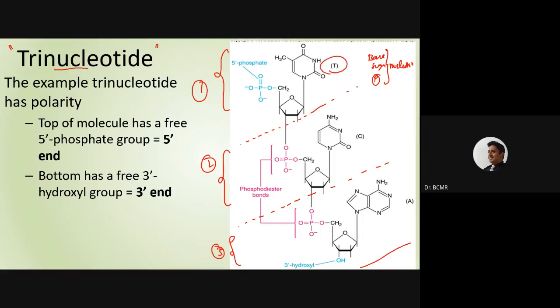It is DNA because there is no OH on the 2' carbon. This is 2', this one. Okay, and I hope you remember 5-methyl uracil is thymine. So if you just add a methyl group to uracil, that is thymine. Okay, this is adenine. Here you have cytosine.